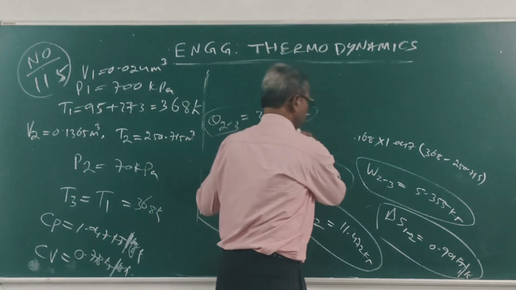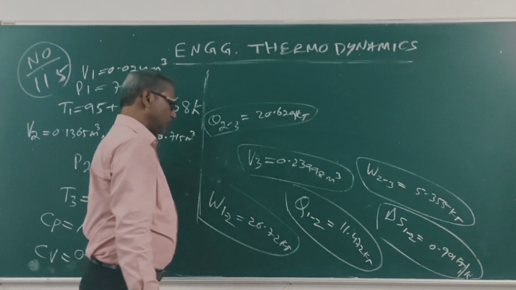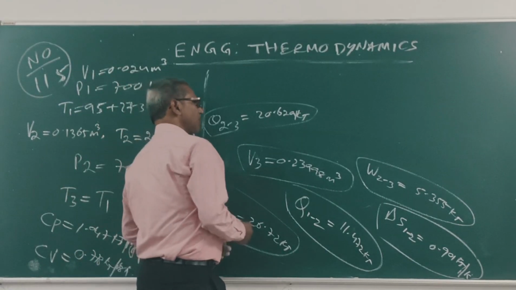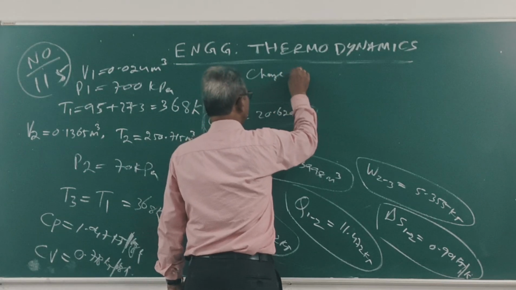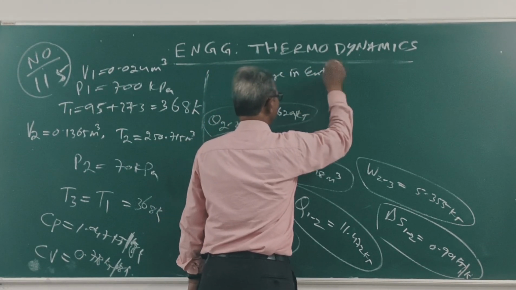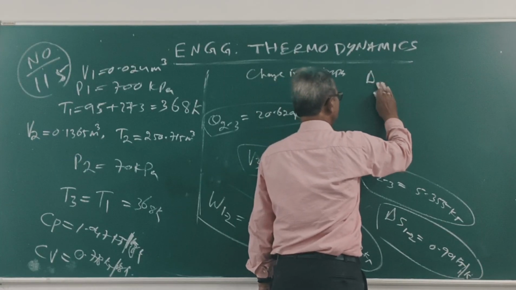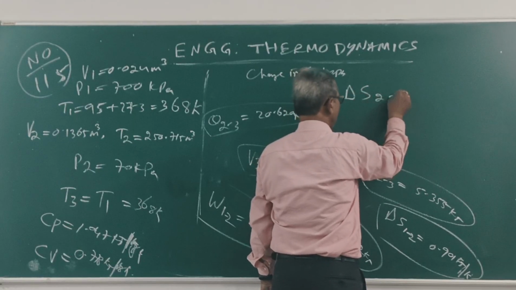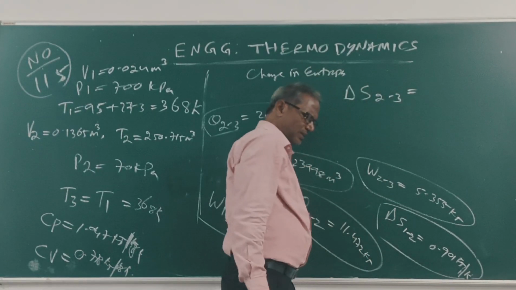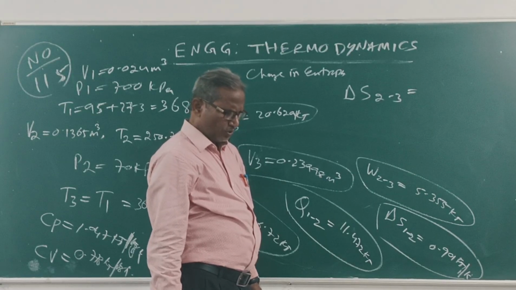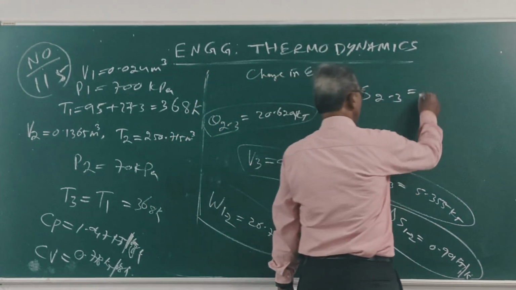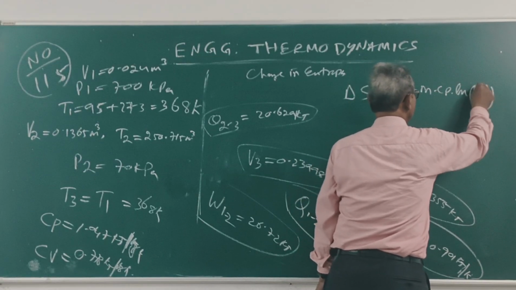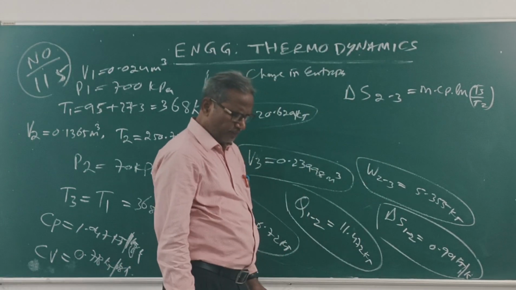Right? Now W23, Q23. Next, change in entropy, delta S23. Delta S23 is equal to m Cp ln T3 by T2.